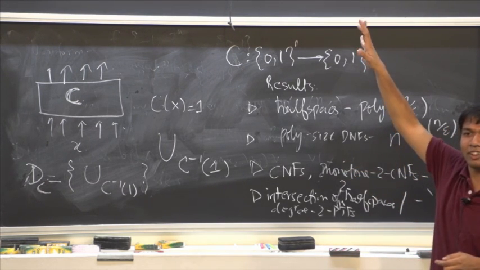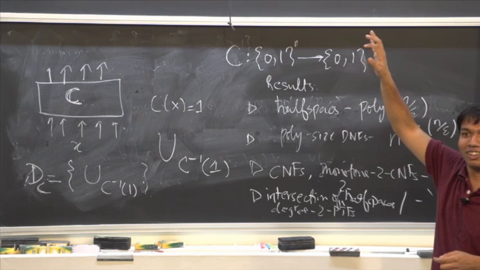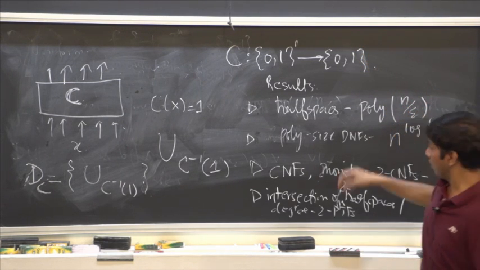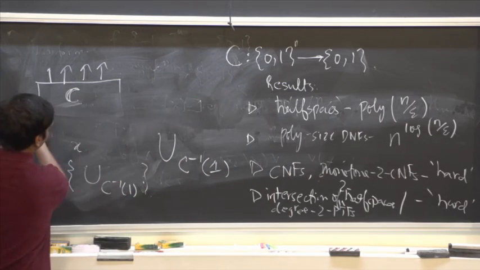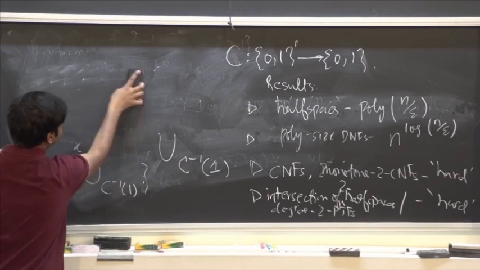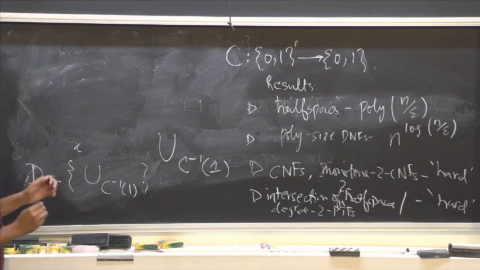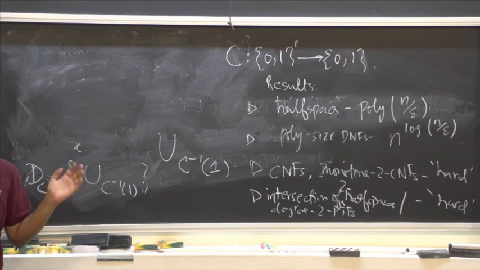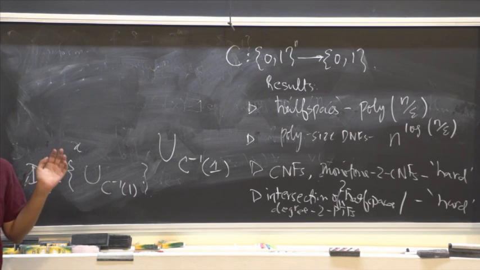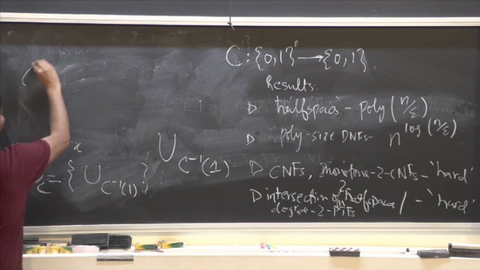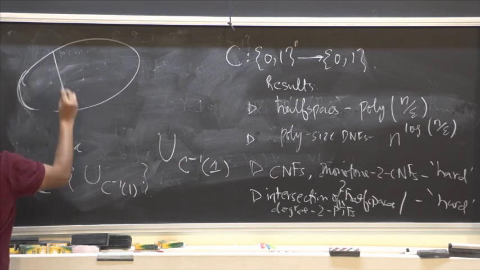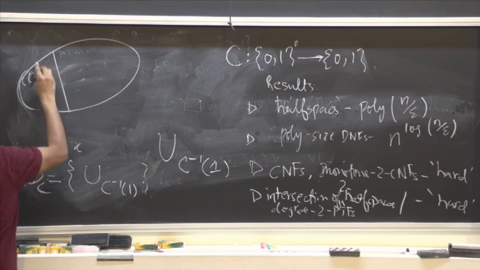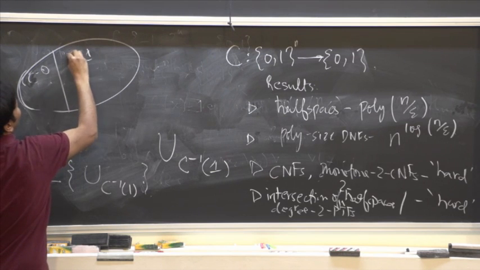Should I again write down the model? This is the source of all confusion. There is some Boolean circuit, a simple Boolean circuit, that just says 0 or 1, and the distribution is defined as the pre-image of 1.